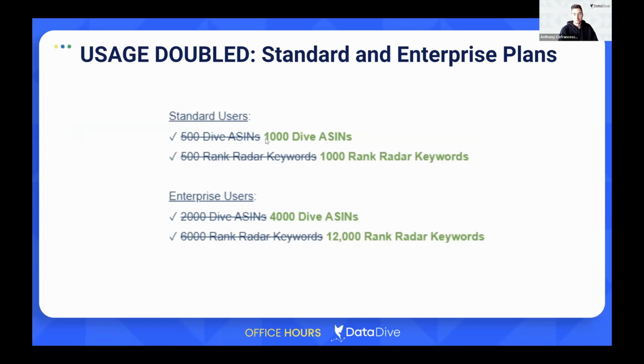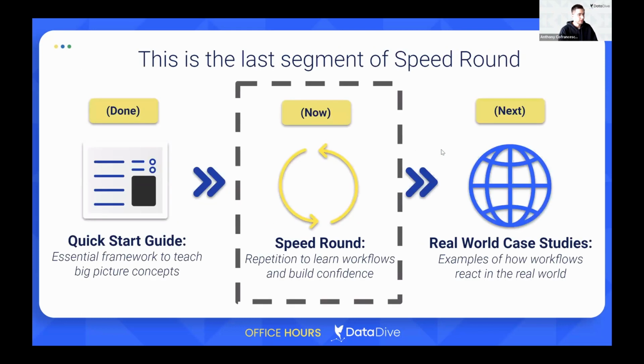If you're on a starter plan, unfortunately, this is not going to apply to you, but this is the motivation to upgrade, I think, to standard. The starter plan is really for if you are very new at selling or you just want to get your hands dirty using the tool without spending too much money. If you're trying to do any serious work, you're going to need the standard plan, but we think this usage limit increase really helps build value there.